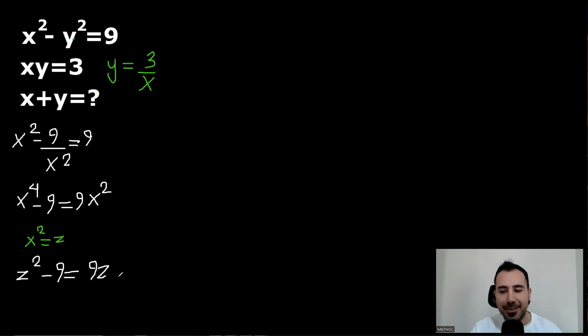I think a lot of you know how to continue this equation, because from this equation, we'll find z, 2 values. And then you would put z here, so you will find x, and then from this, you could find y. And then you could find eventually x plus y.